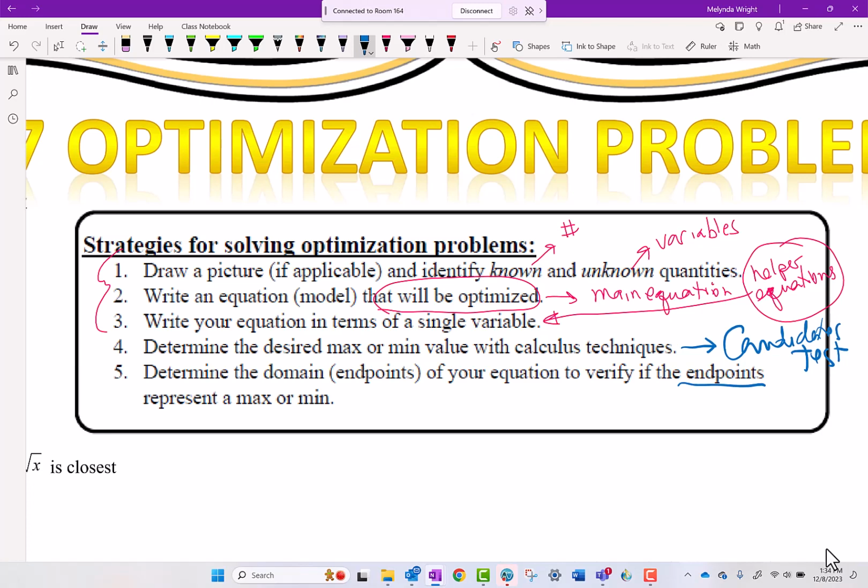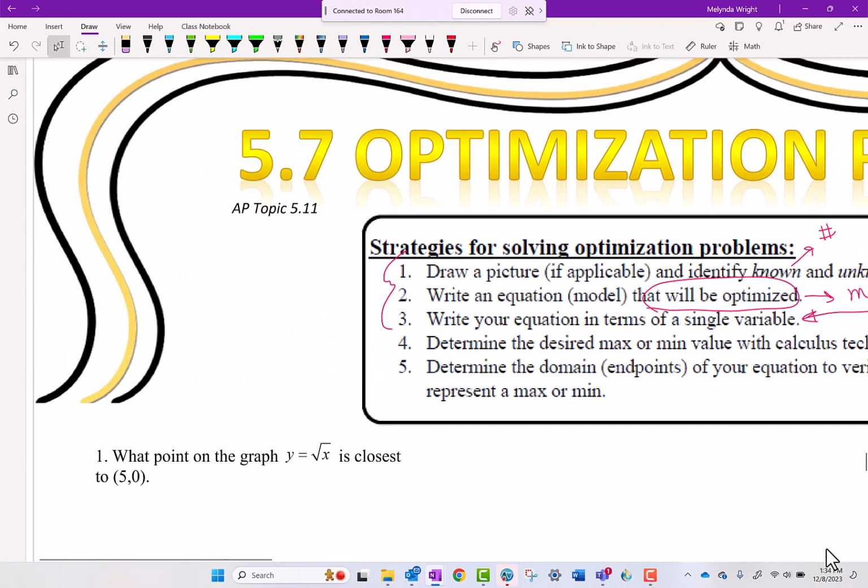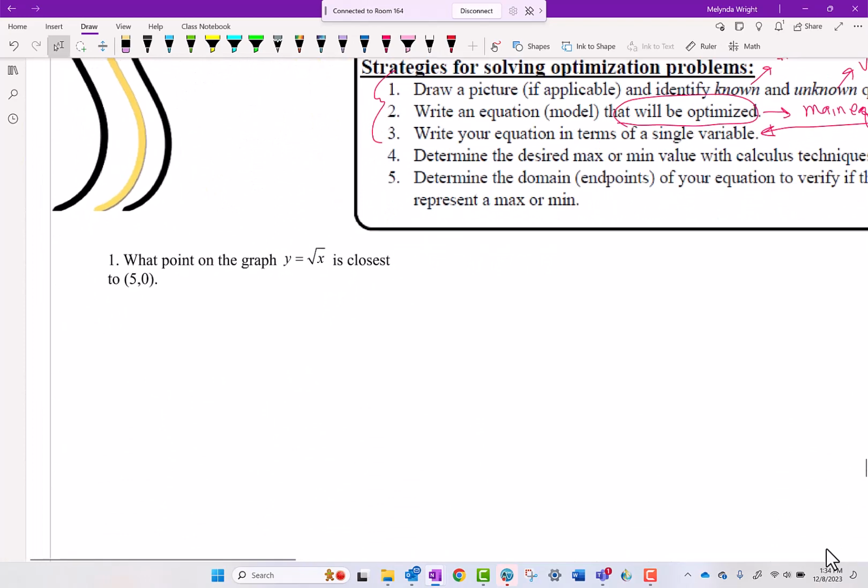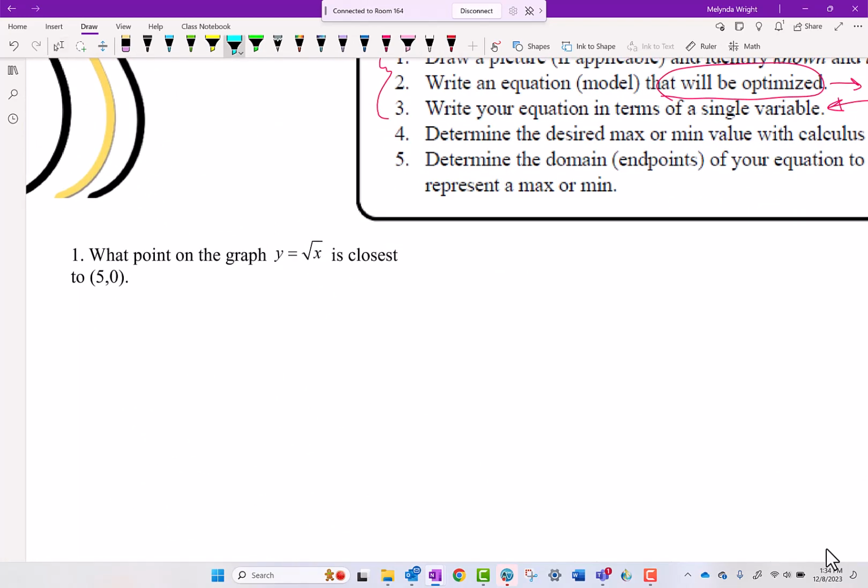So let's start it again. Again, we did this one last time. If you recall, it said closest. So what do we want to do? If it's what we want closest, we're going to minimize. That's really talking about distance, right?